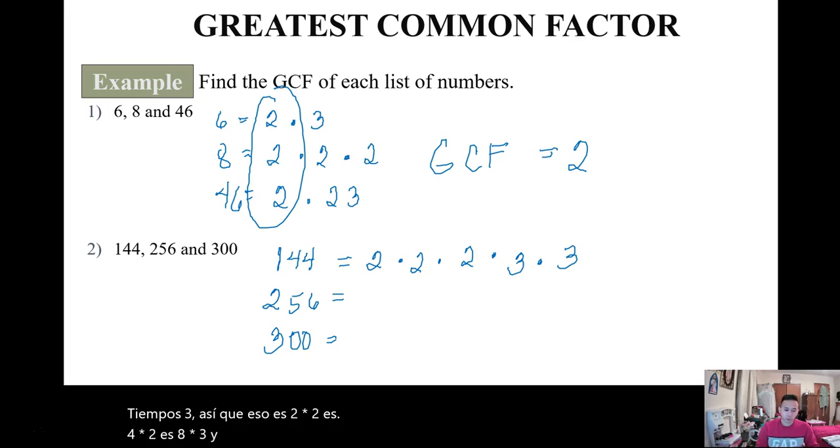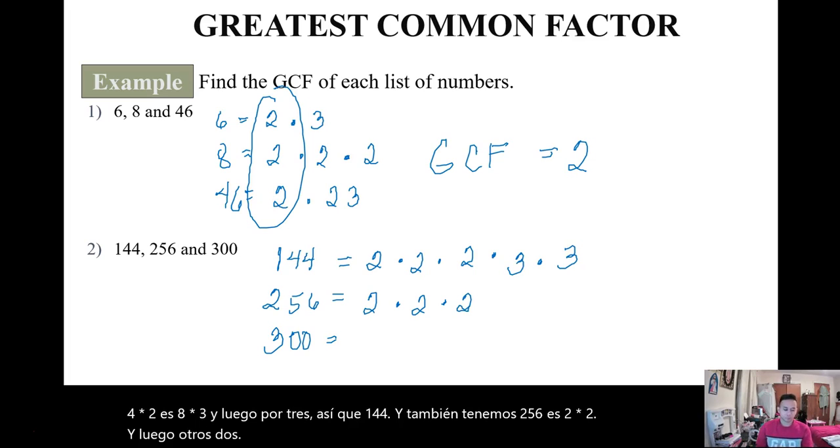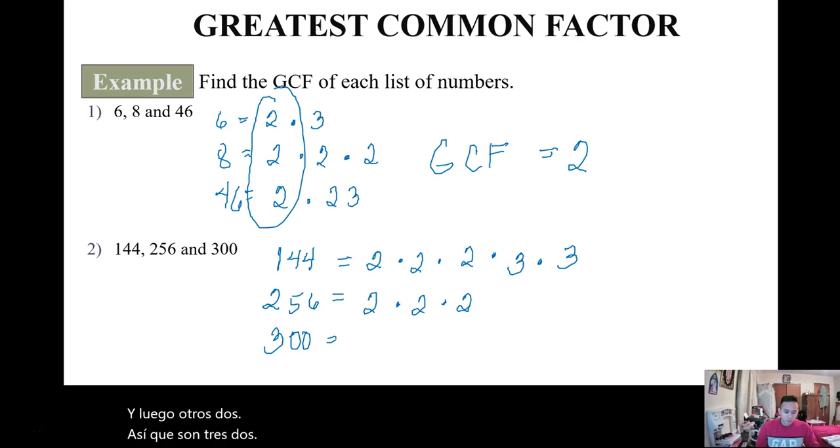And 256 is 2 times 2, and then another 2, so that's 3 2s, plus 5 more 2s. So 1, 2, 3, 4, 5, so there must be 8 2s.